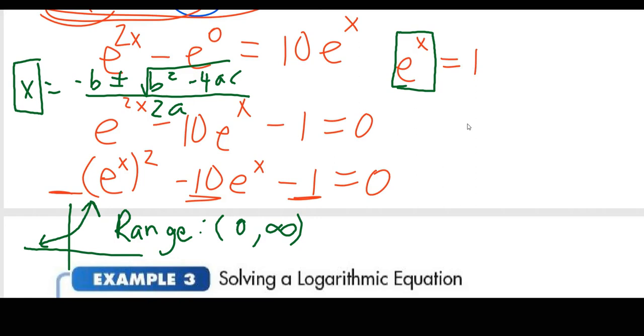So you need to understand eventually that there will not be any answer used in the next step after the quadratic formula gets processed. We will have no values for e to the x which are negative. We can't have a value that's negative. Now, if the quadratic formula spits out two positive numbers, then I'm going to have to process both of them.